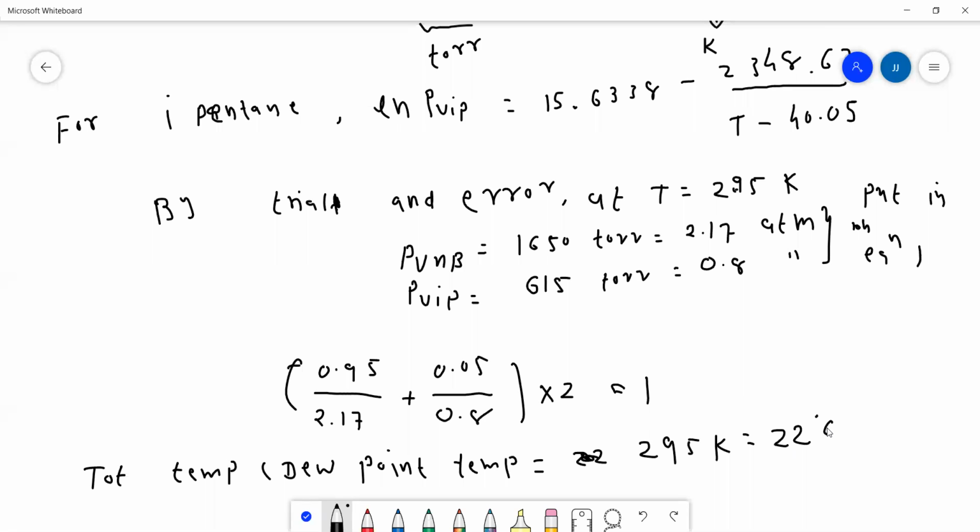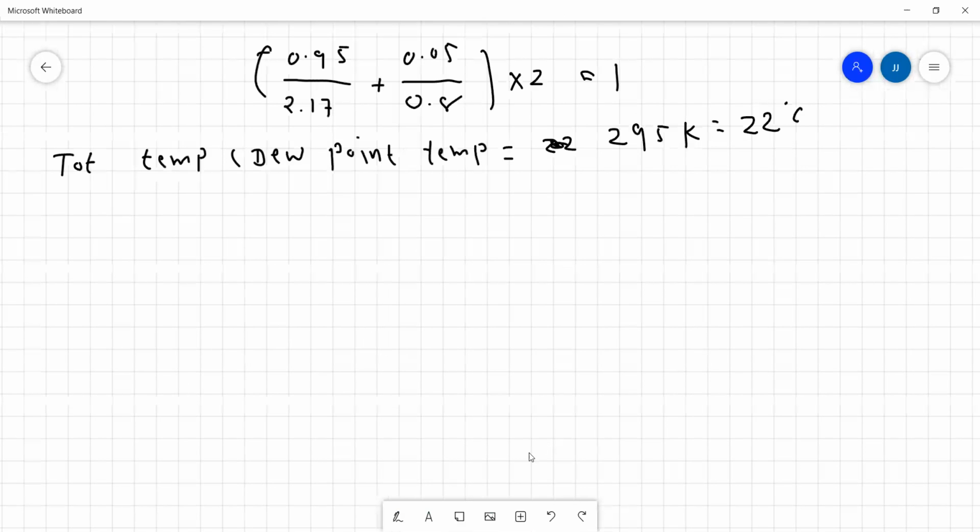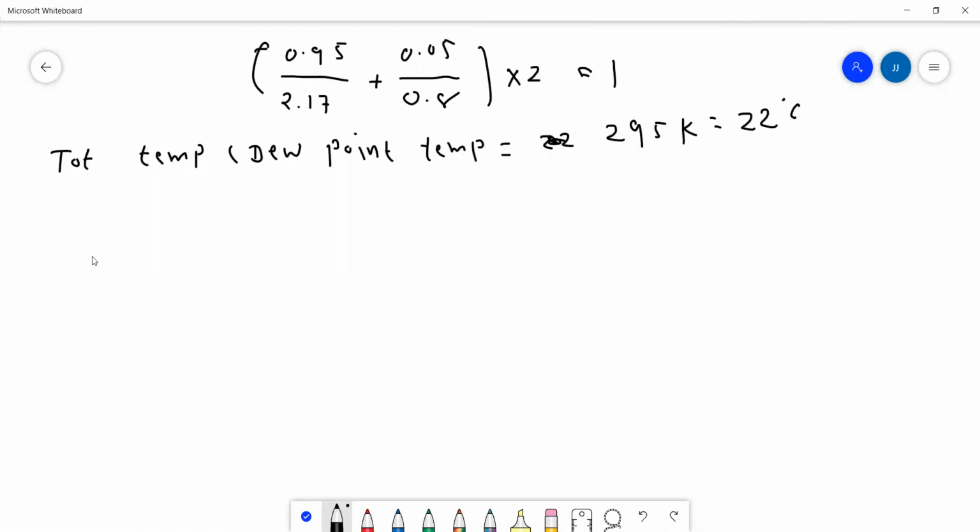Now, the residue, or bottom product, is always at its bubble point.